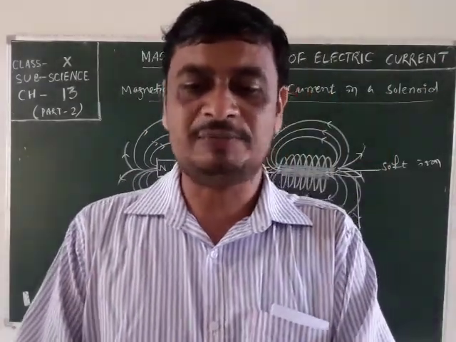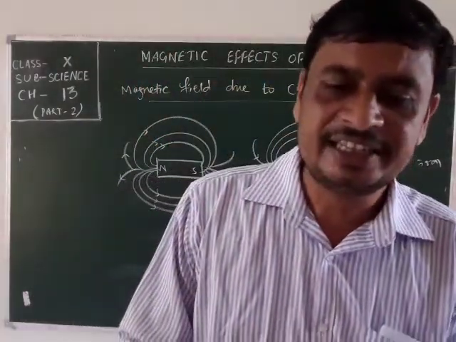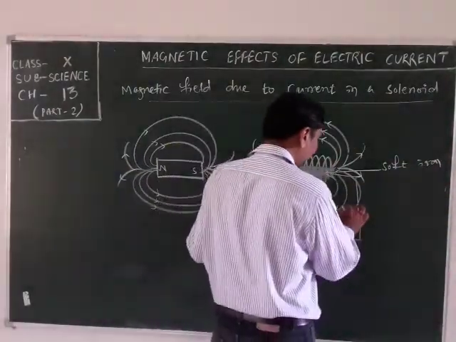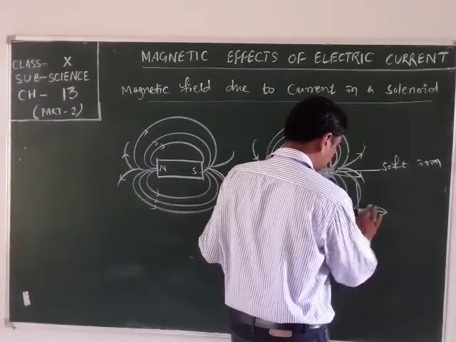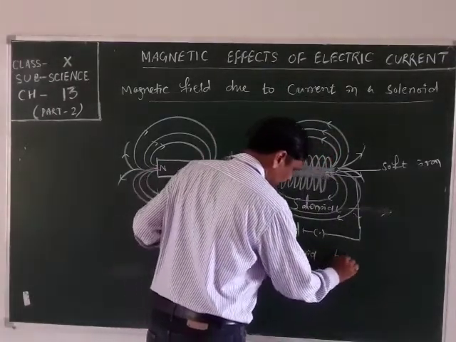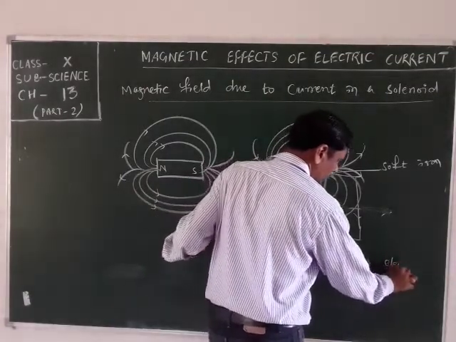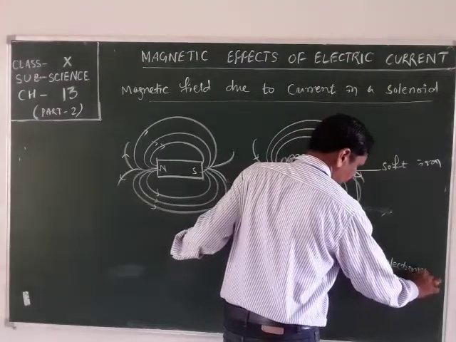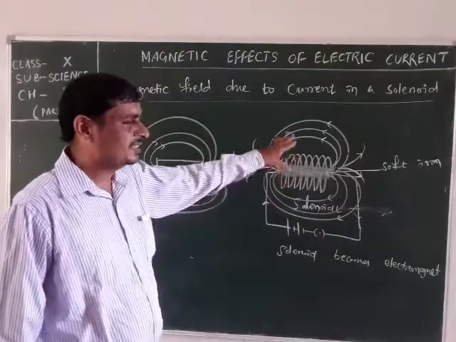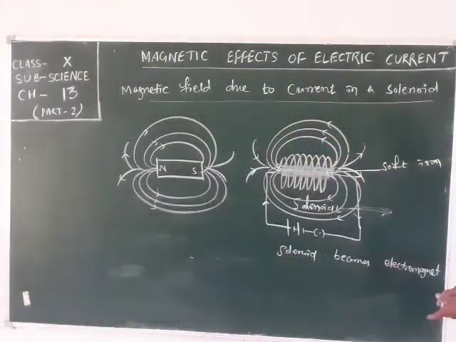The magnet so formed by placing soft iron inside the solenoid is called an electromagnet.